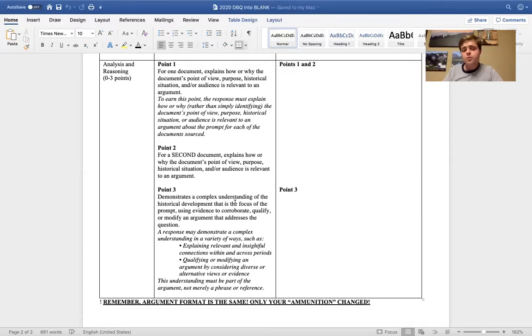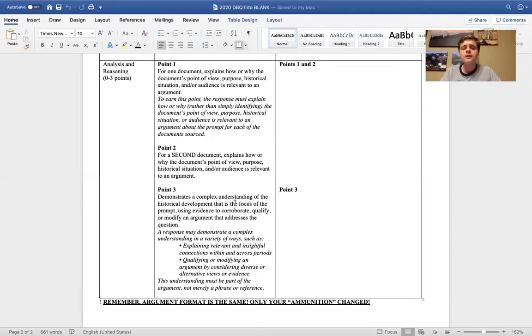So the last point in this document is point 3. And this is, again, something that you should be used to because of the LEQ. It's the complex understanding point. So this should be your kind of concluding paragraph, or it should be in your conclusion right before you restate the thesis.